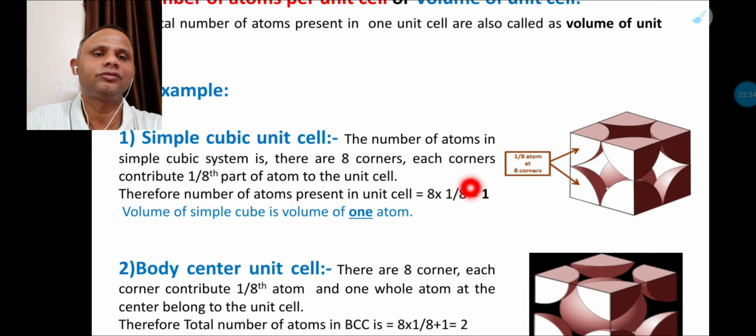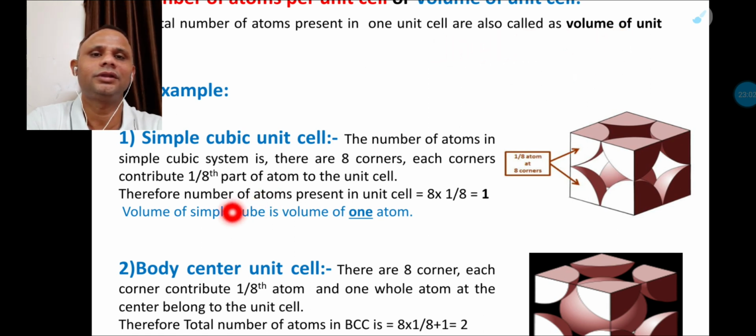So the total number of atoms present in the simple cube is 8 corners into 1 by 8, that means is equal to 1. That means the number of atoms present in the simple unit cell will be 1. So according to this statement, the total number of atoms present in one unit cell is also called the volume of the unit cell.